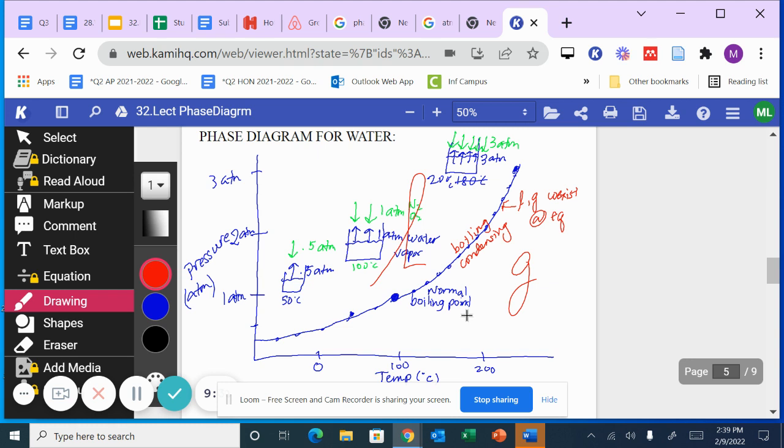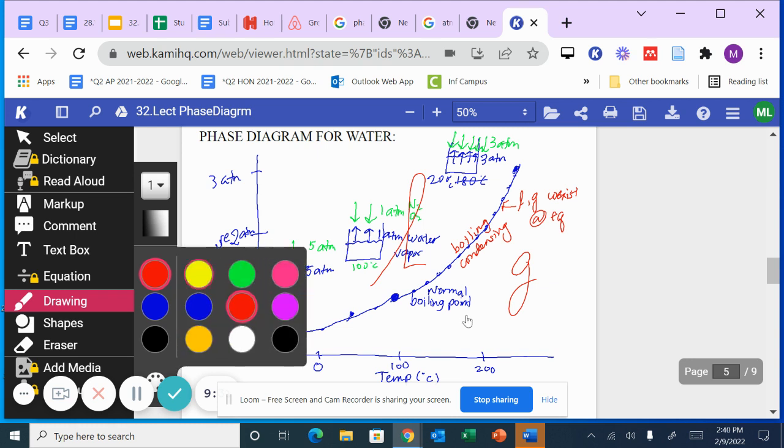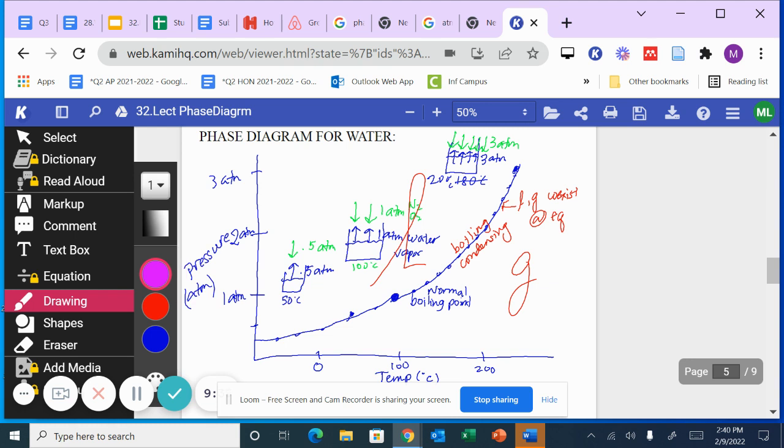Okay, let's go ahead and talk about the solid. So I'm going to use a different color, maybe pink. Normally at 1 ATM, water freezes at 0. So this is called the normal freezing point. Okay, so let's go ahead and see what happens if you increase the pressure.